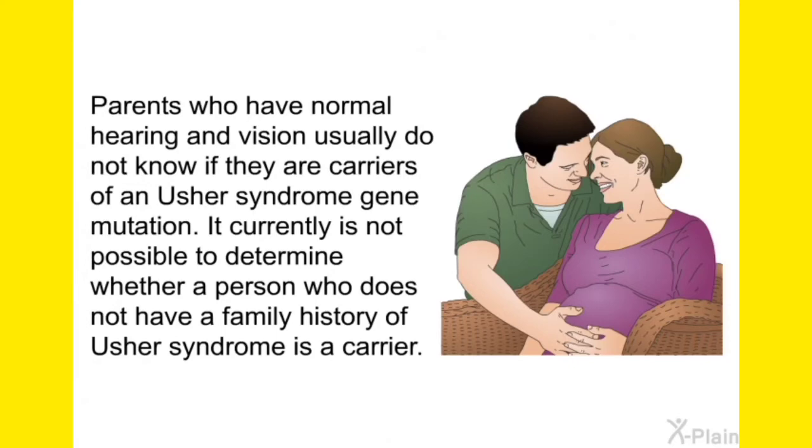They usually don't know that they may be carriers of the gene of Usher syndrome. And when they come together and produce a baby, the mutated gene from the mother and from the father come together and produce a baby with Usher syndrome.